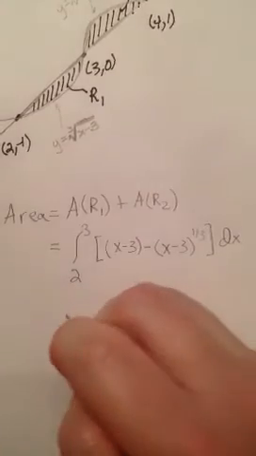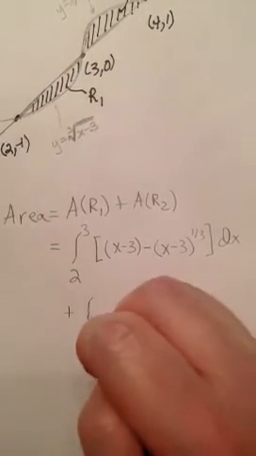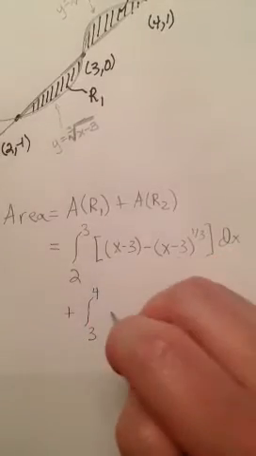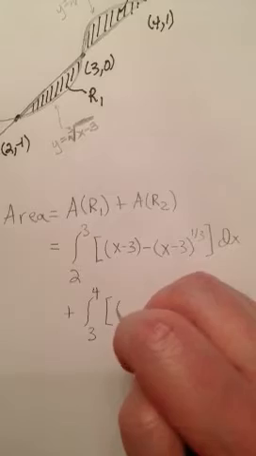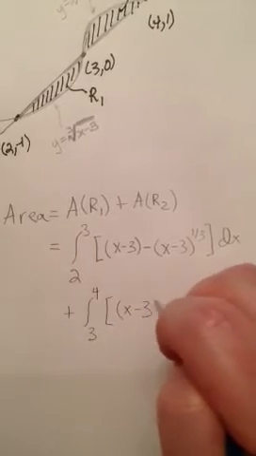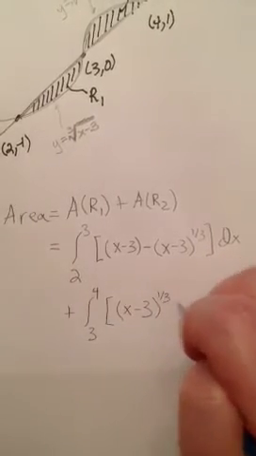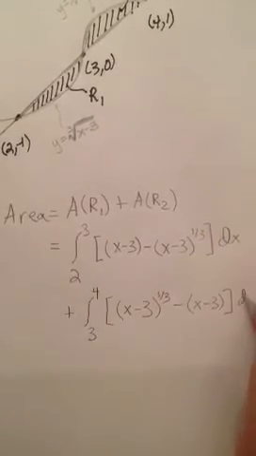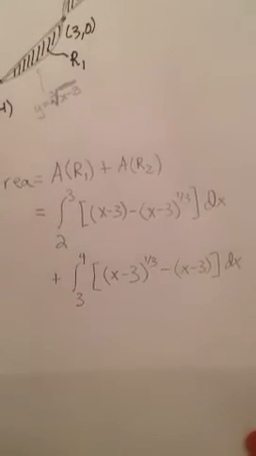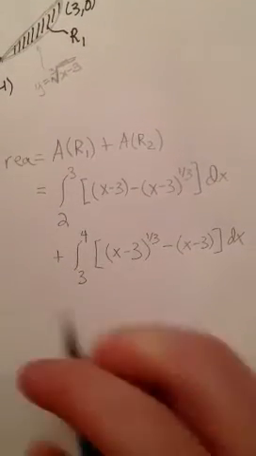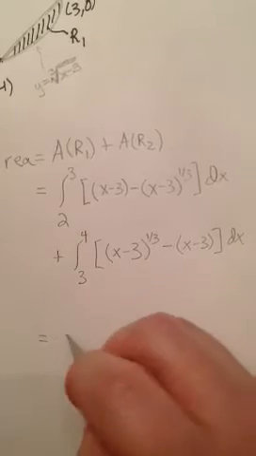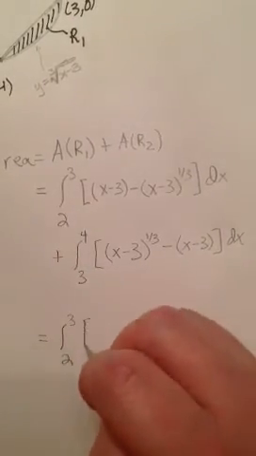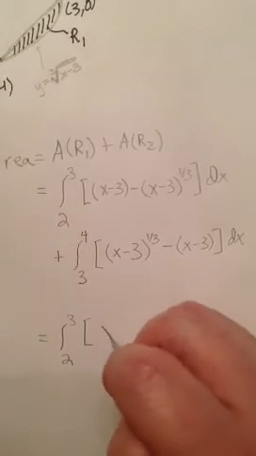And as for what we have in the second region, again, the cubic root is going to lie above as x goes from 3 to 4. Alright, and so far as what we have for the area itself, no like terms are going to be combined. No sign changes will occur.